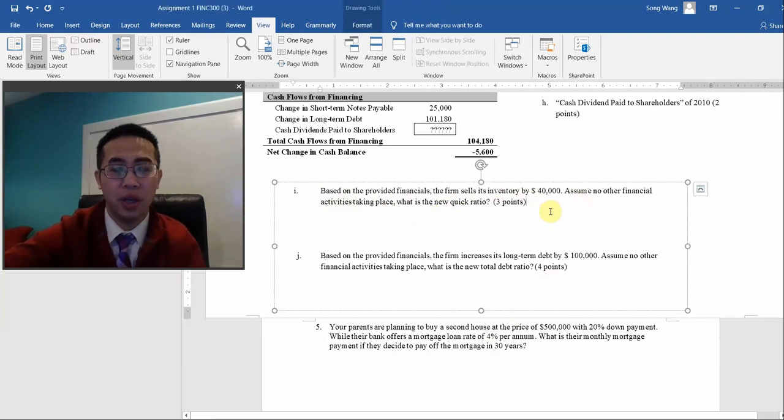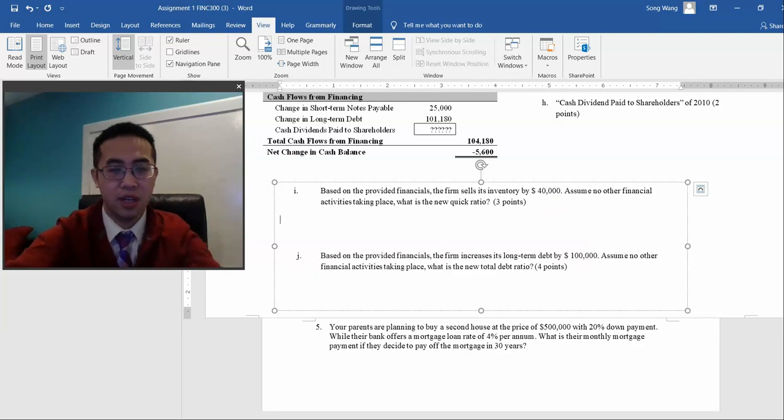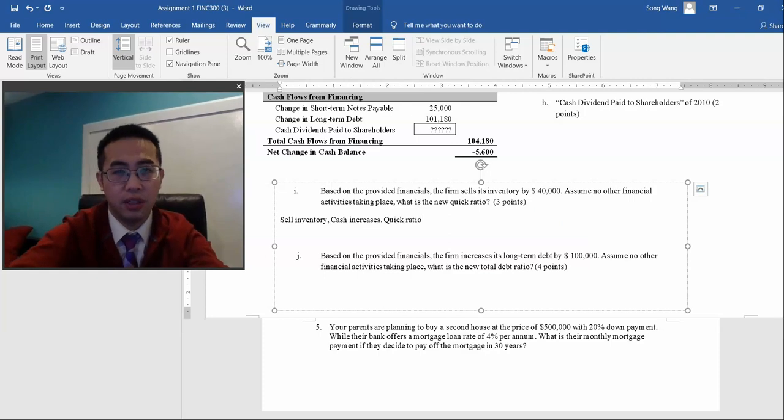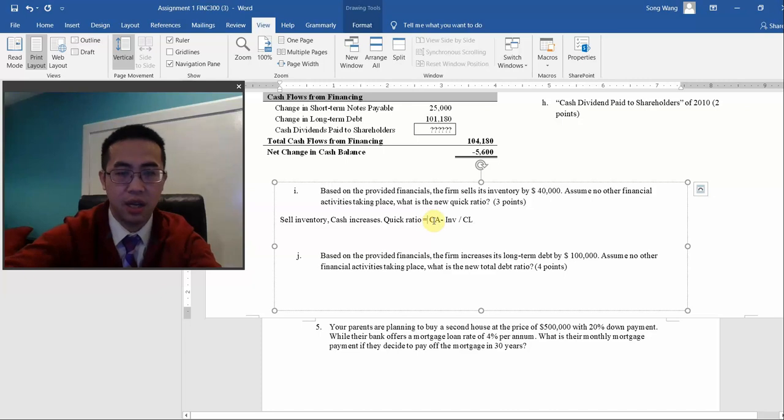So you should know in quick ratio how the change of inventory would affect the quick ratio. So basically, if you sell inventory, then you would have more cash, right? Cash increases. And if you look at the quick ratio, that basically involves the current assets minus inventory divided by current liabilities. And I need to put a parenthesis there.